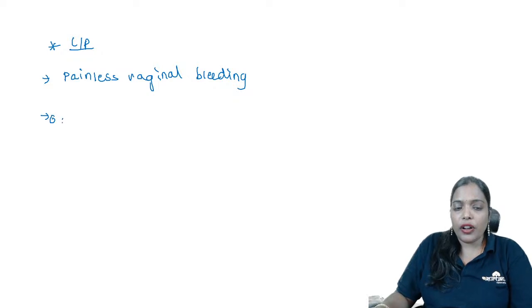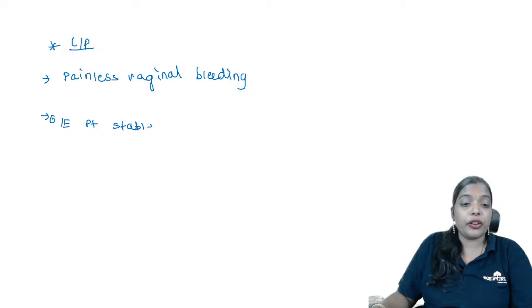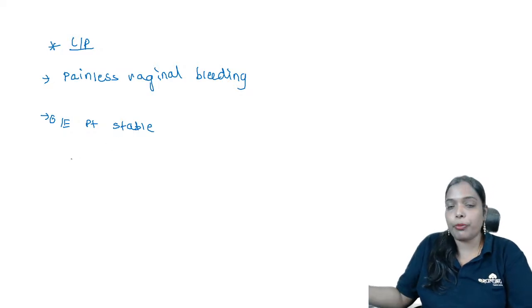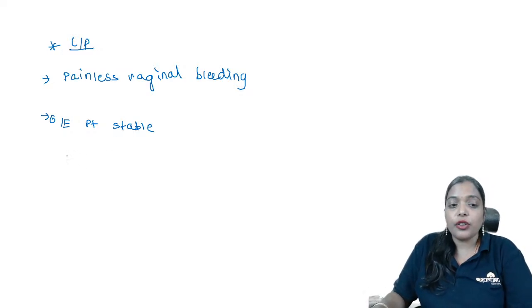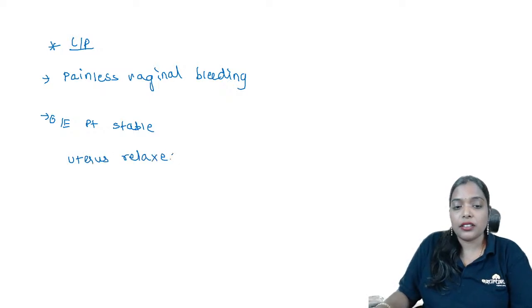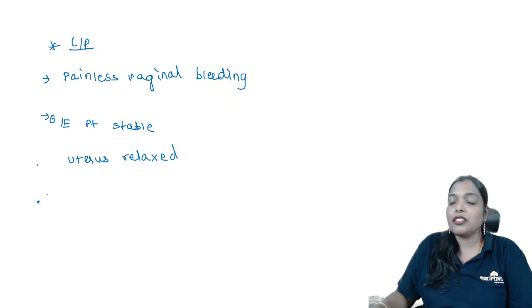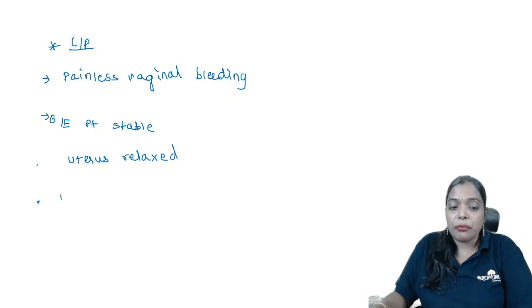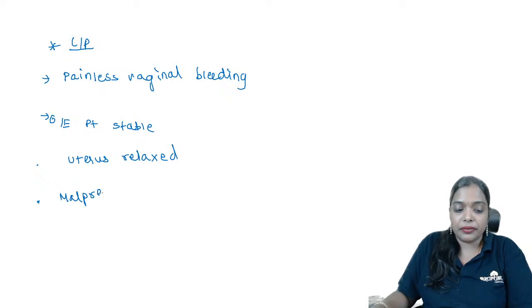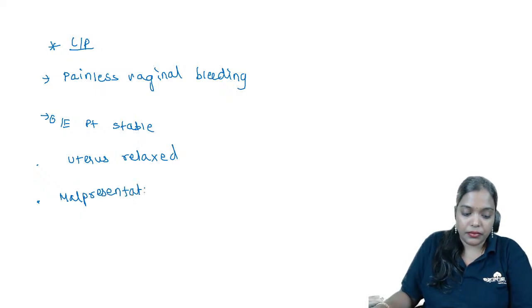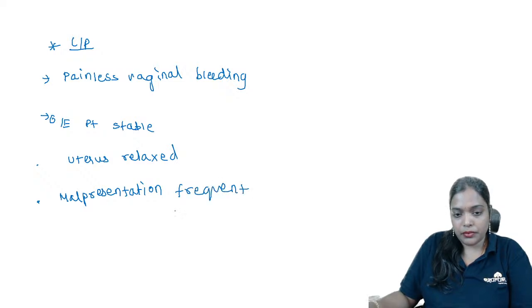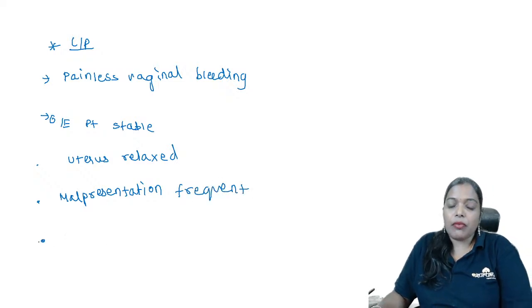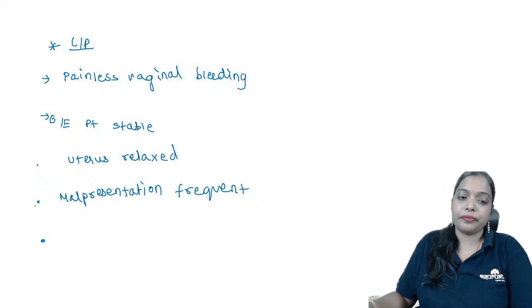On examination, the patient will be stable. Uterus will be equal to the period of amenorrhea. Pallor will be in proportion to the bleeding itself. Uterus will be relaxed. As there is compromise of space, malpresentations are frequent.